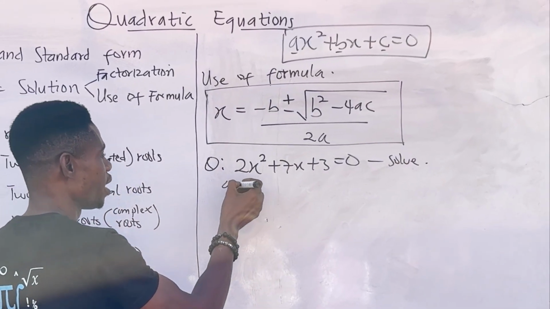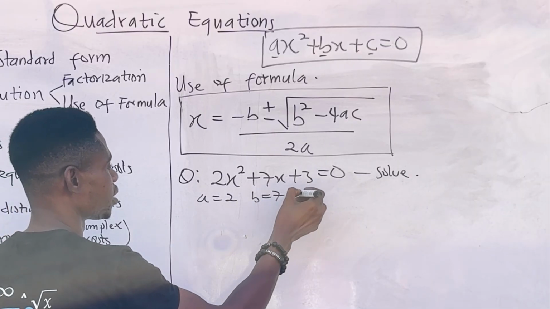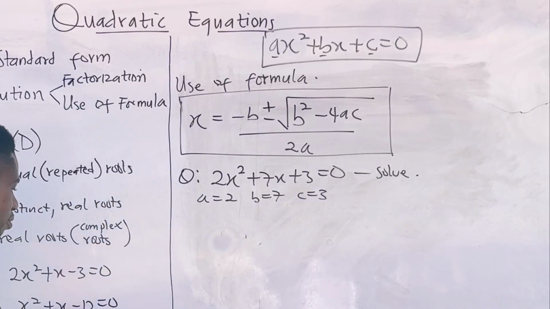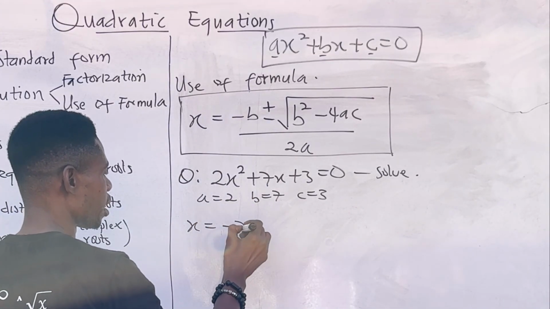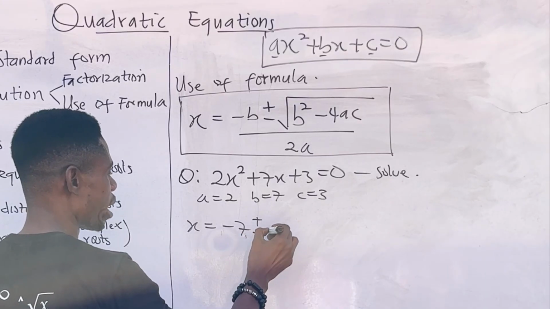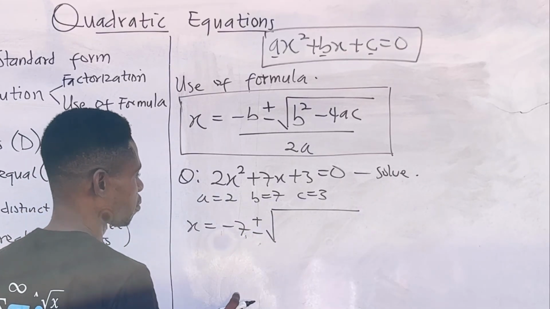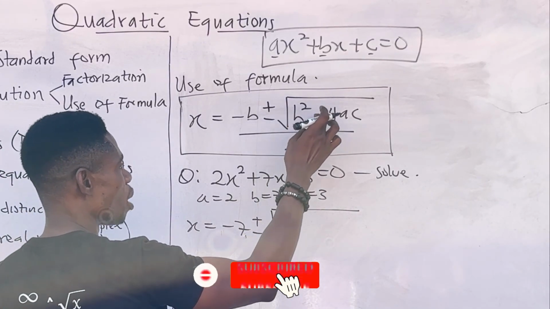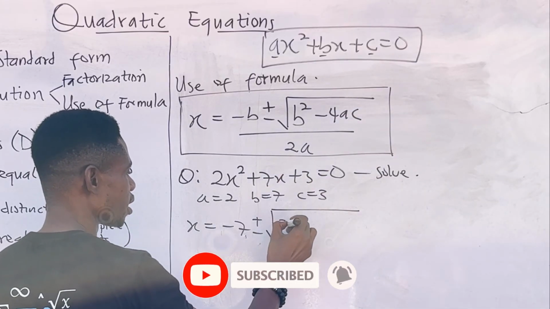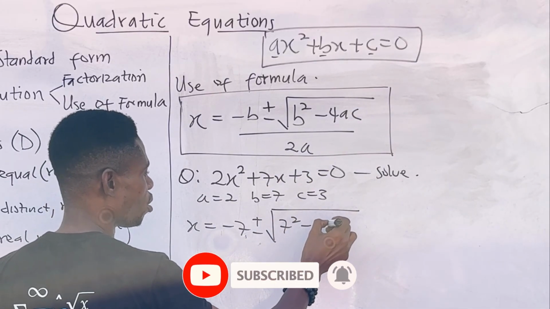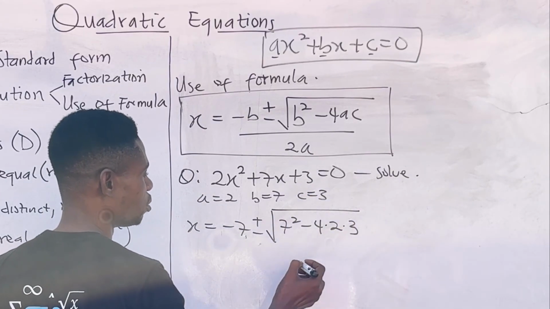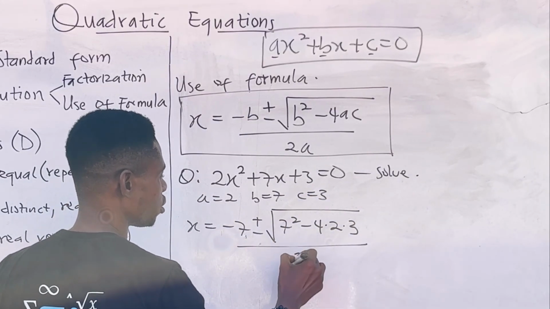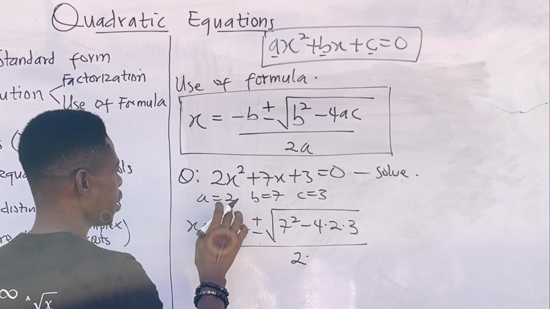Remember, our a here is 2, our b is 7, our c is 3. So x equals, based on our formula, minus b, that's minus 7, plus or minus the square root of what's in here, b squared minus 4ac. That's 7 squared minus 4 multiplied by a, which is 2, multiplied by c, which is 3, all over 2a. What's our a? 2.